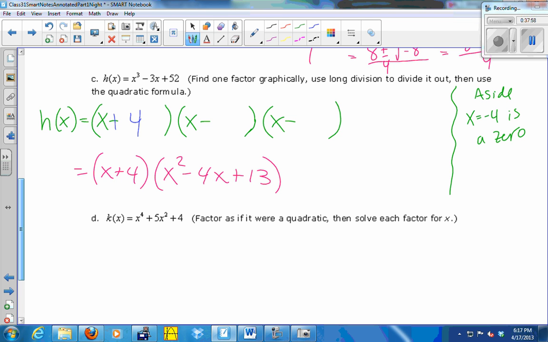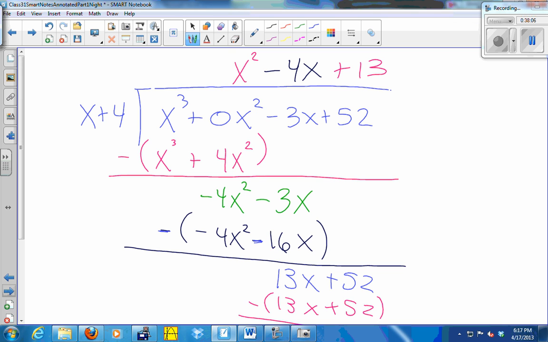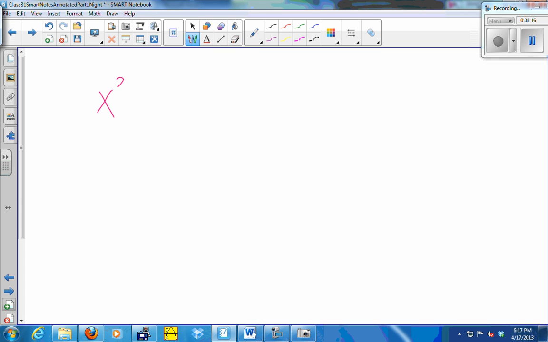Yeah, I can do that if I find its zeros. So I have to find the zeros of x squared minus 4x plus 13. It doesn't factor, so I use the quadratic formula.